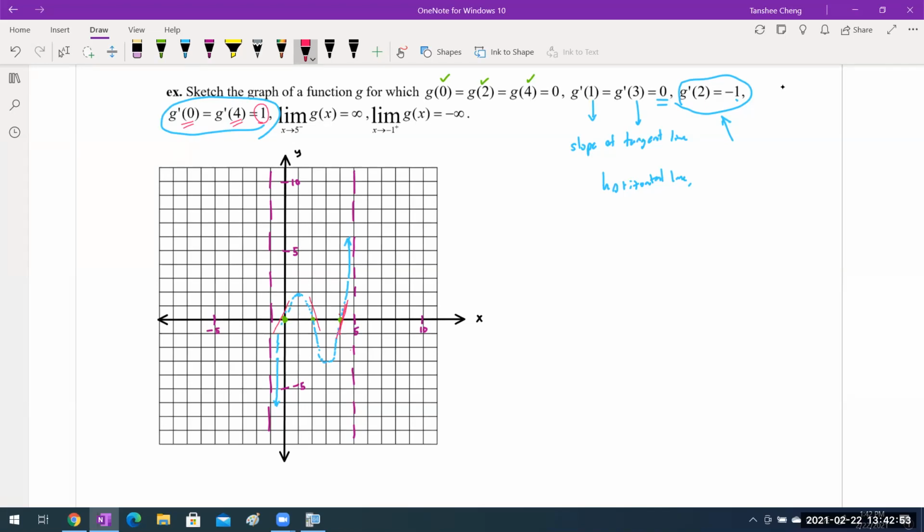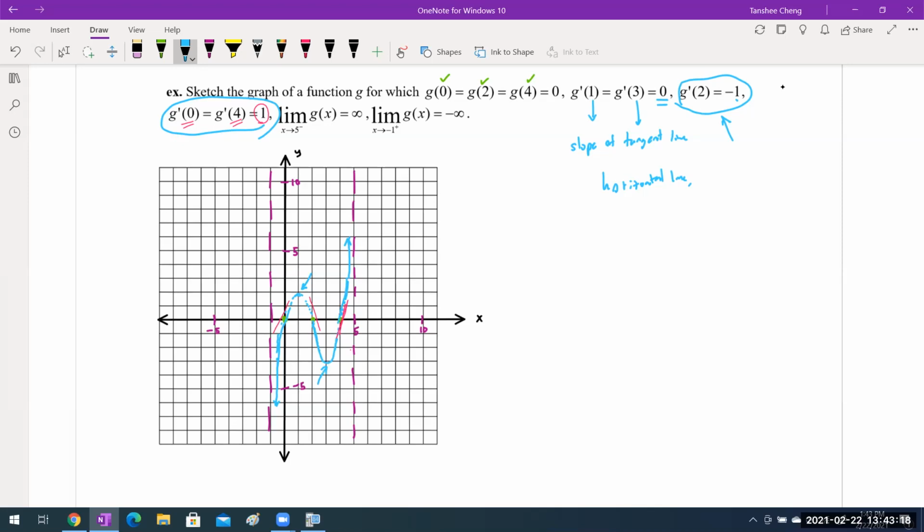So therefore, the shape we predicted is close. We will sketch this as our graph of a function satisfying the following conditions. Once again, we don't know how high this peak and how low this peak is going to be.